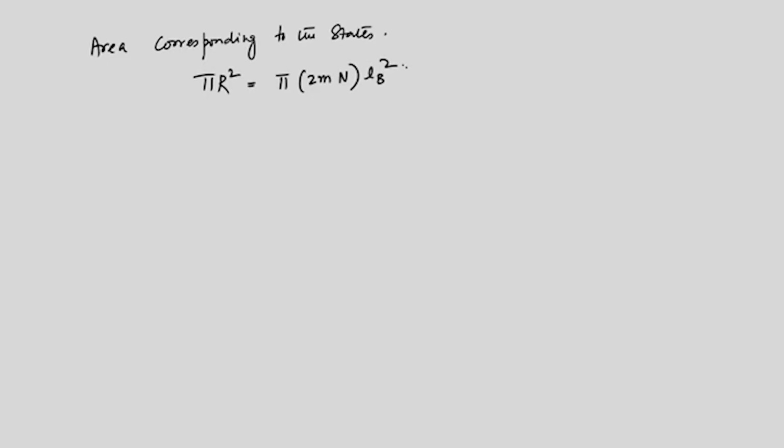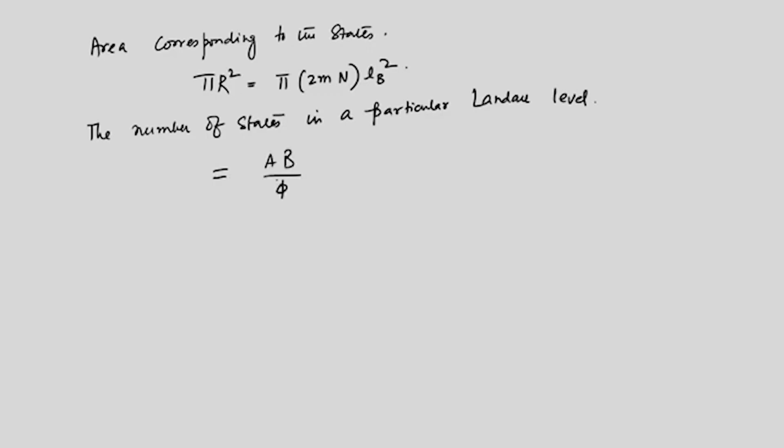That is the area you have, and so the total number of states in a particular Landau level is given by AB over phi 0, a known result that we have done several times.